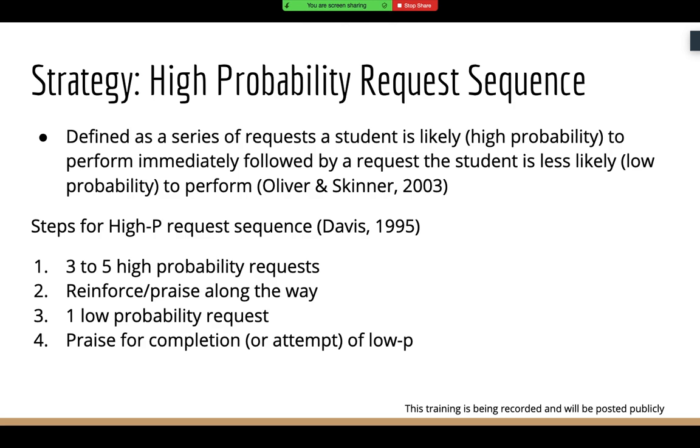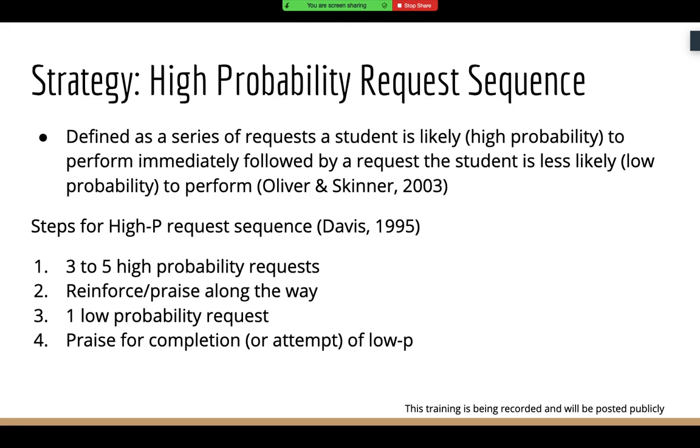Because if you constantly do the same exact high probability requests, like touch your nose, touch your head, and then you try to throw in the low probability one, if you're doing the same ones each time, the kids are going to catch on and potentially notice the pattern and be prepared to refuse.